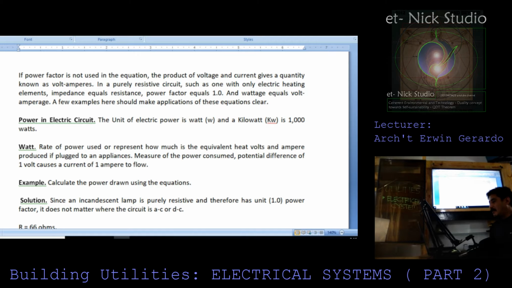Watt is the rate of power used, or represents how much equivalent heat volts and amperes produce if plugged into an appliance. Measure of the power consumed: a potential difference of 1 volt causes a current of 1 ampere to flow.